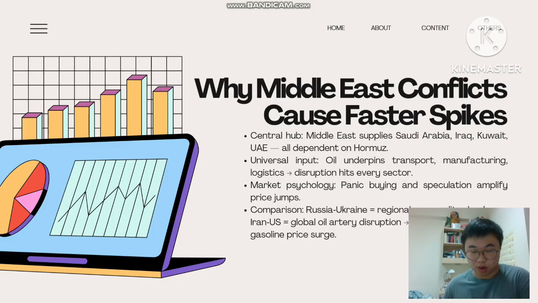Iran has attacked the oil facilities in the Middle East, and the blockade of Hormuz has disrupted the oil supply. In market psychology, there will be a panic as the oil cannot come out, which causes a shortage in the market and amplifies the price jumps. So, in comparison, the US-Iran war is a global oil supply disruption. It is faster and sharper.